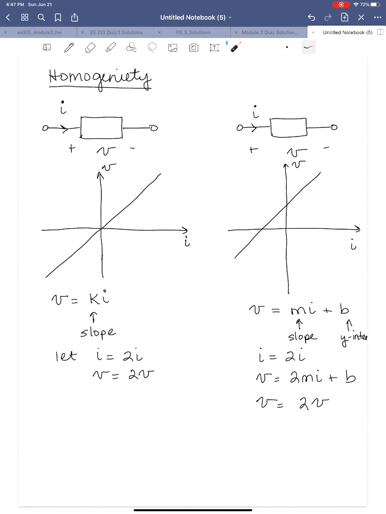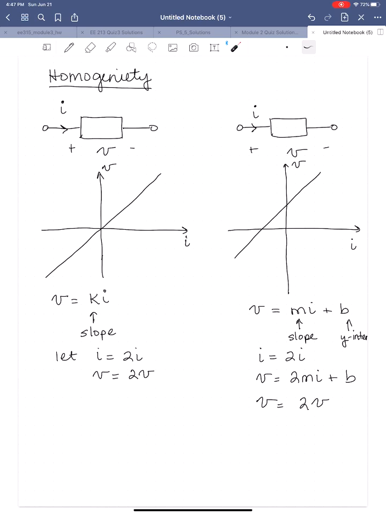So while something might look linear, it's not necessarily homogeneous, which means that it doesn't satisfy our linearity requirements. And all the circuit elements that we're going to talk about in this class, resistors, inductors, and capacitors, satisfy that rule. So they're all homogeneous.